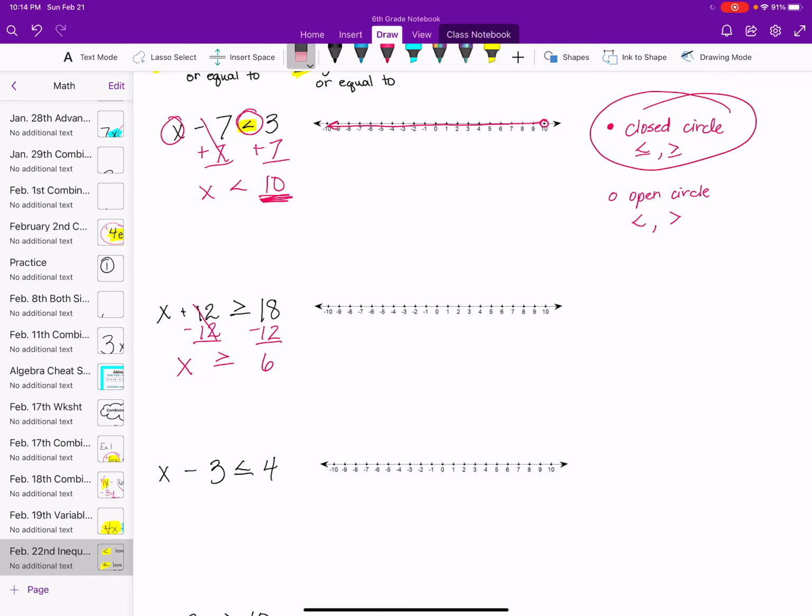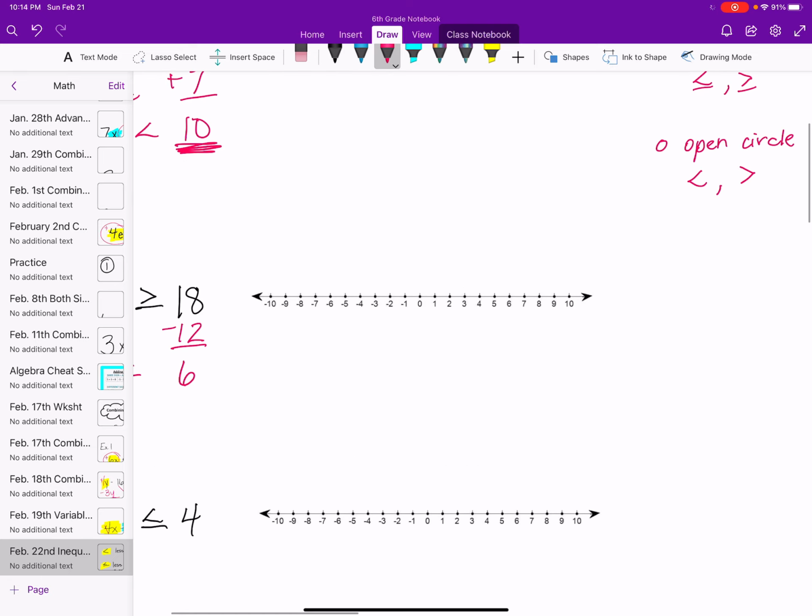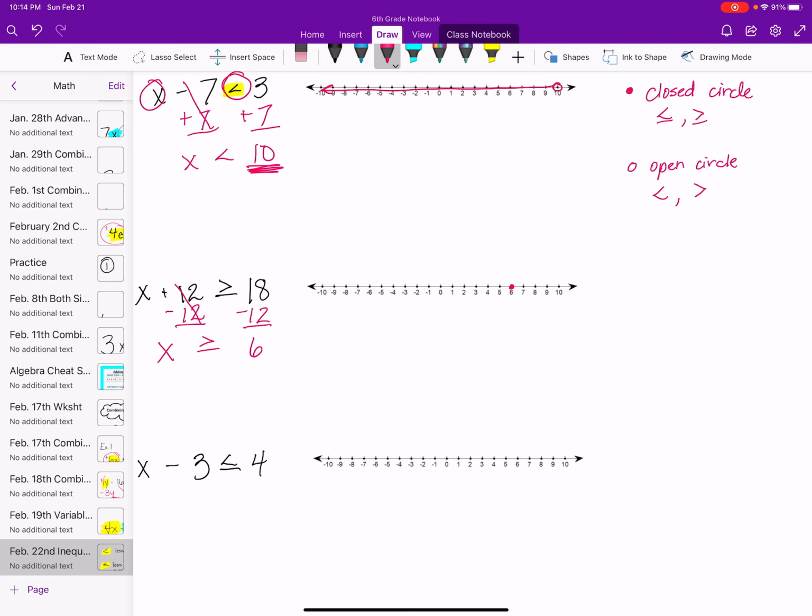So I'm going to make a closed circle at my number 6. There we go. And this is saying that x is greater than or equal to 6. So I need to draw an arrow to where the numbers are greater than 6. So I'm drawing my arrow to the right. And it doesn't matter how long you draw your arrow, just so long as it's pointing in the right direction.